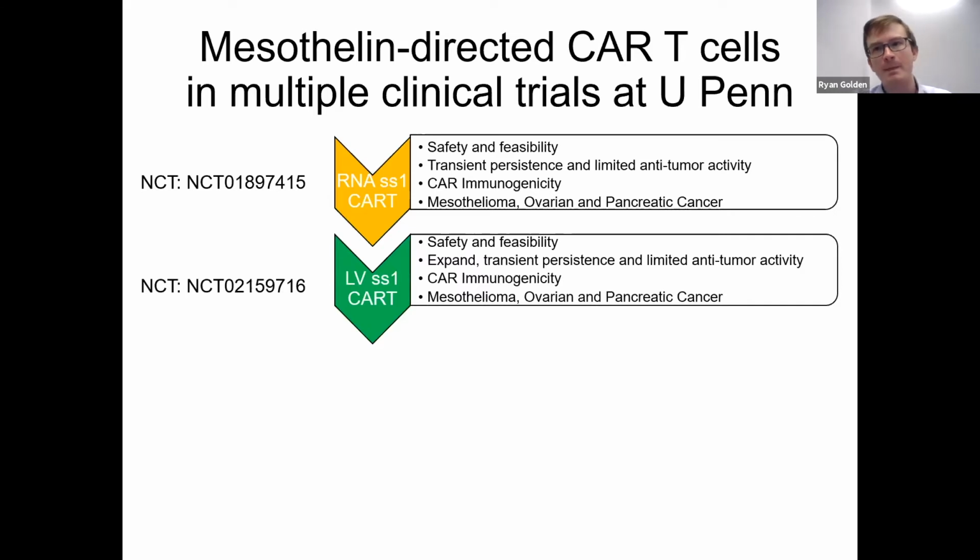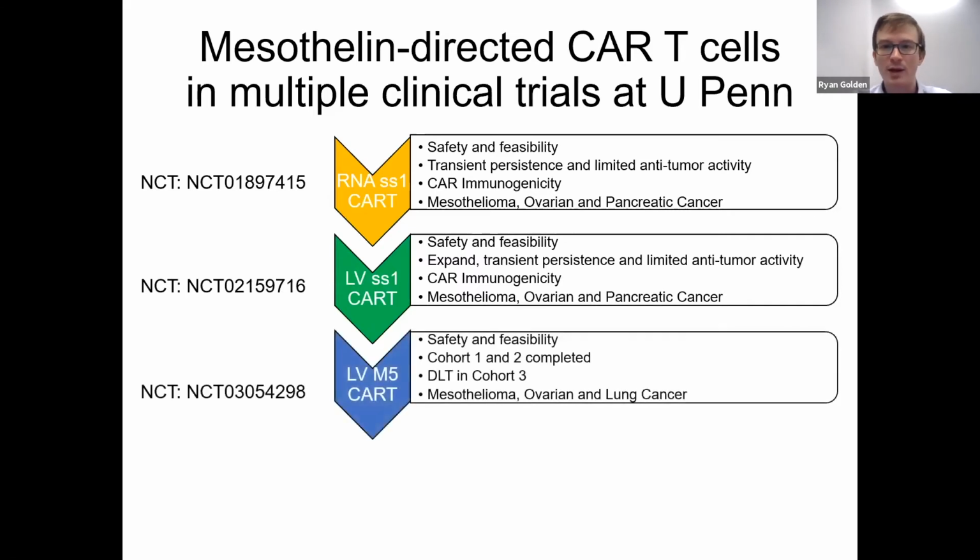And with the M5 CAR, we also have trials in this space. One trial is an aggregate from multiple solid tumor types, inclusive of mesothelioma, ovarian, and lung cancer. And we did observe dose-limiting toxicity in some patients from cohort 3, indicating that perhaps the therapy is a little too active in some cases.